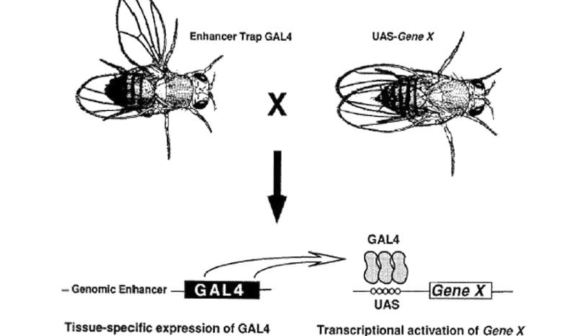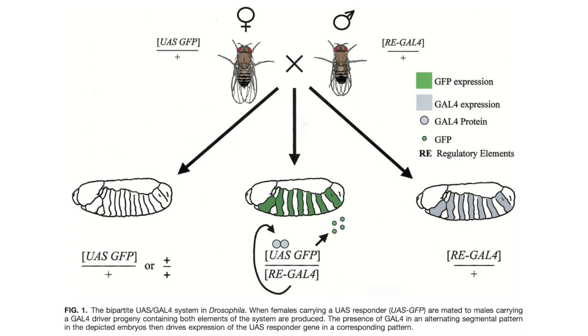Brand and Perrimon are mentioned multiple times throughout our article because they did numerous different studies with the Gal4 UAS system, but the one Figure 1 is describing refers to a study they published in 1993 called Targeted Gene Expression as a Means of Altering Cell Fates and Generating Dominant Phenotypes.